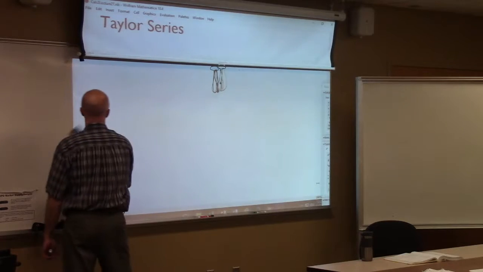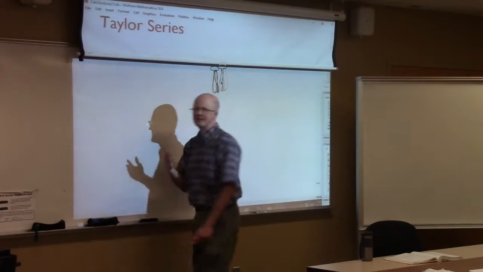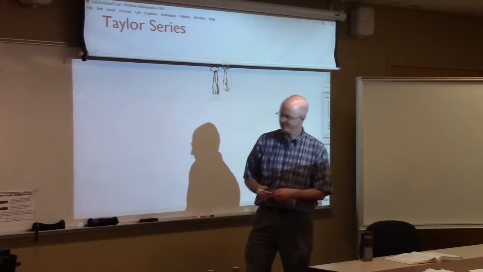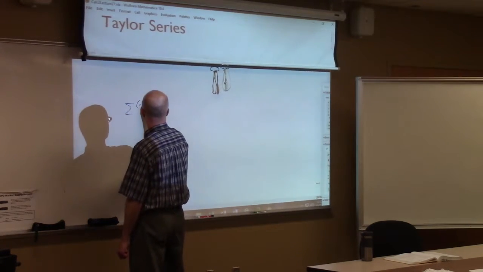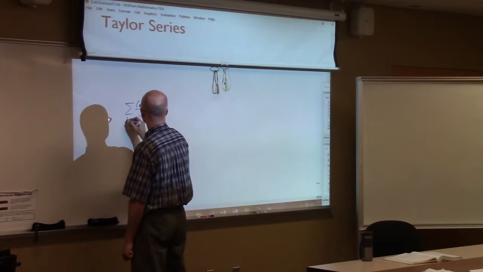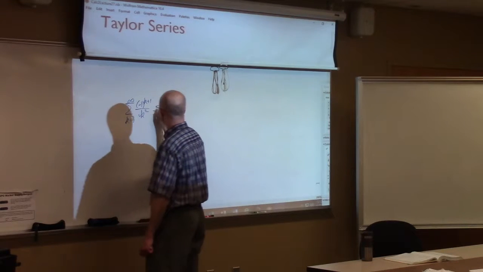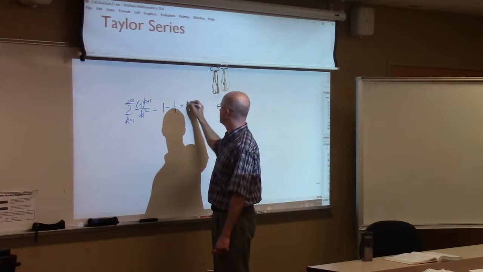I wrote some definitions on the board last time. Let's just consider a couple examples. We'll consider alternating series, but they don't have to be alternating series. So this is an alternating series that looks like this.